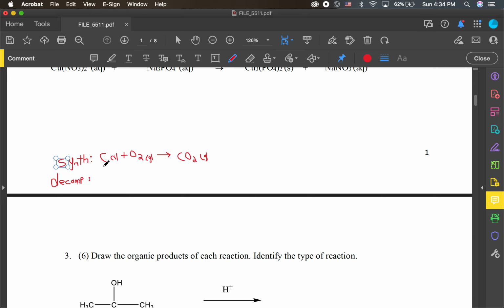That's going to be H2CO3 decomposes into water plus carbon dioxide, which is a gas.